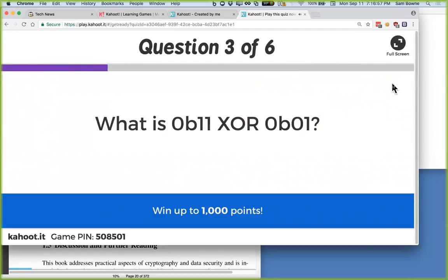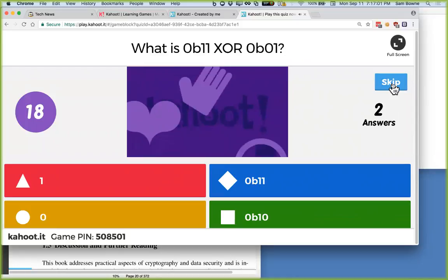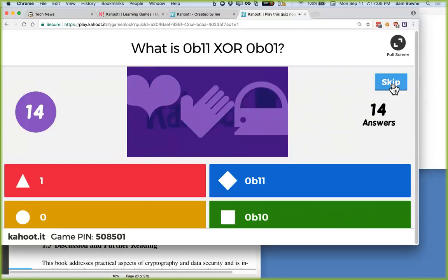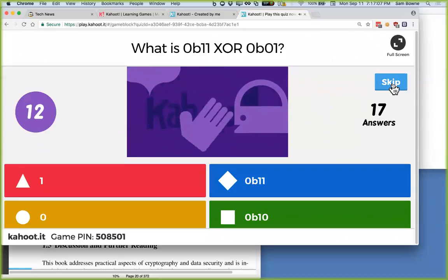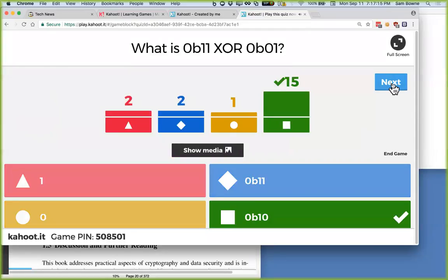How about this? 1, 1 XOR 0, 1. The 0B in front means it's binary. All right, it's 1, 0. Good.